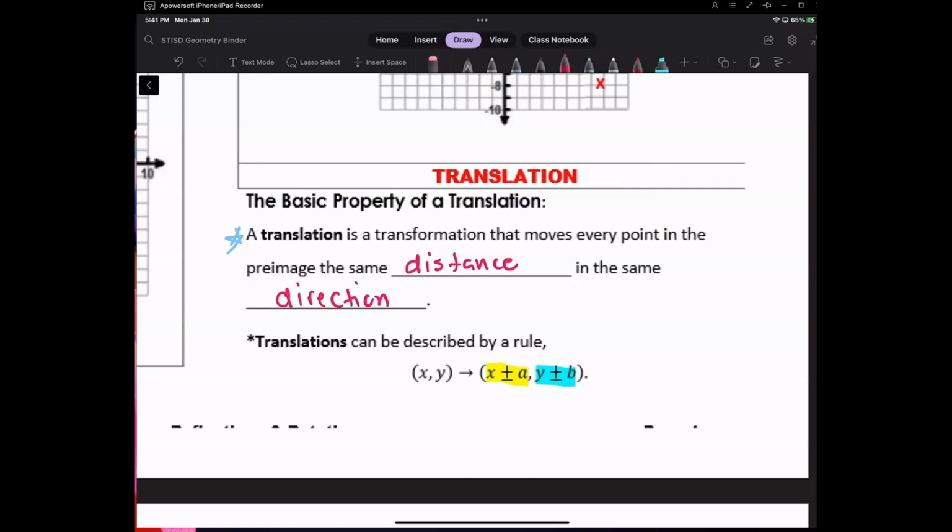Now, another word that we use when we're dealing with translation is called vector. So if I say 3, 7, 3 means it's going to go 3 units to the right, and 7 means it's going to go 7 units above. So vector also tells you the direction that the pre-image will be going, okay?